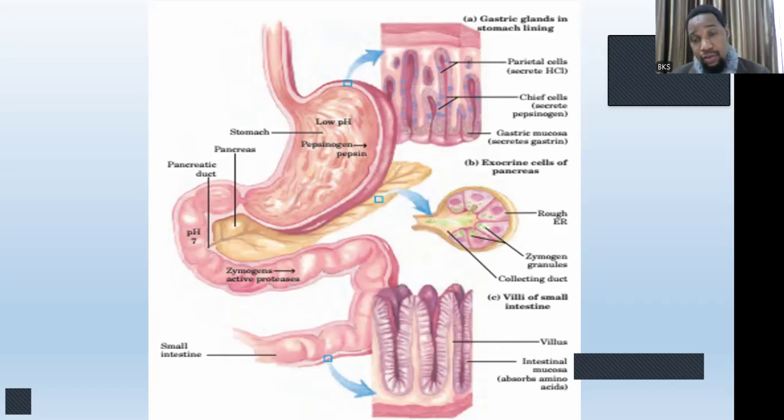It's activated to pepsin. And what does the pepsin do? The pepsin breaks down peptide bonds occurring between aromatic amino acids. I think we can remember aromatic amino acids: phenylalanine, tyrosine, tryptophan. So this enzyme will cut any peptide bond involving these amino acids.